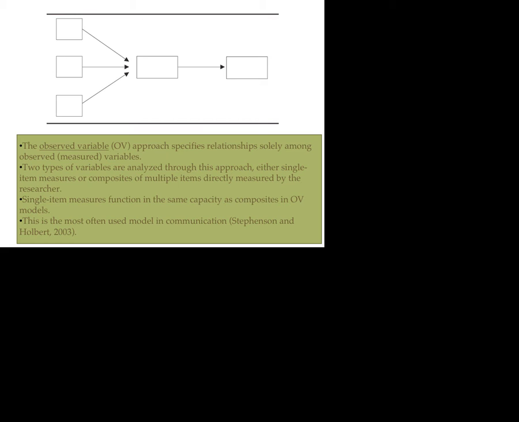Question? So just to be clear, the three boxes on the left would be the factor analysis part of it, how these factors compose this one variable, the middle box? No, this is really only the regression.